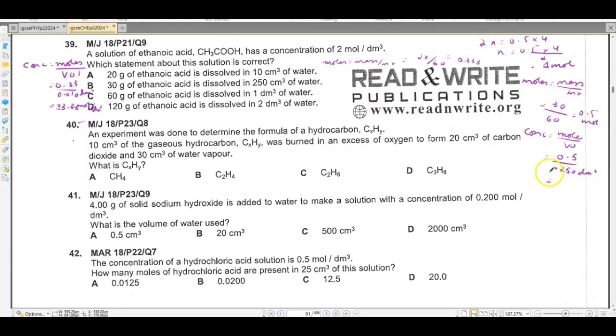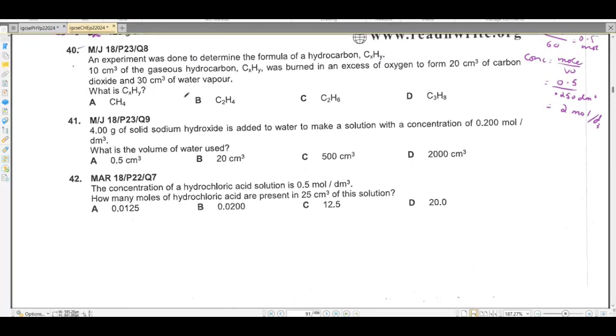So the concentration comes out to be 2 mole per decimeter cubed. So we've reached our answer, which is B. We don't need to do these. If you want to check, you can do them, but we have this answer, so we are not going to go forward because each and every question is so long and the video is becoming super lengthy.